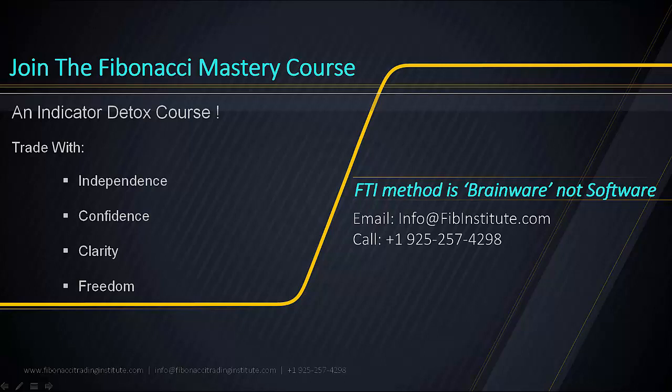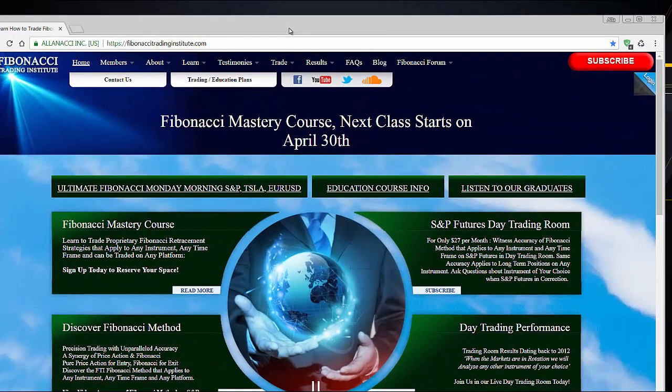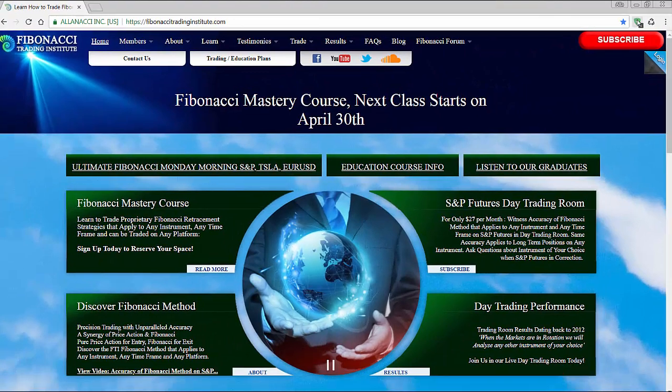It shows you very clearly that using indicators is simply wishful thinking. It shows you very clearly that you can trade indicator free, with independent thinking, with confidence, with clarity and freedom. Because if beginner traders can, what is stopping you?